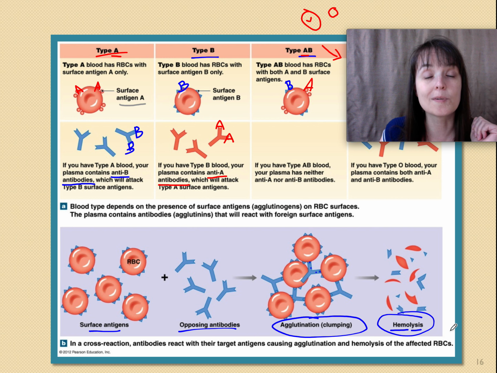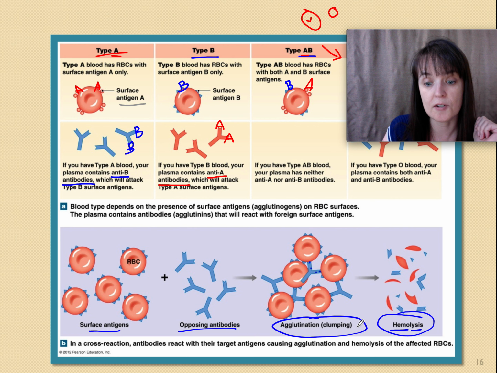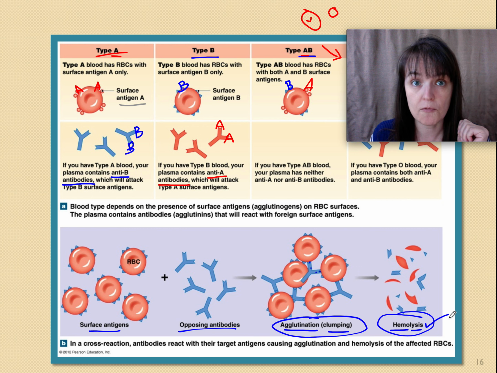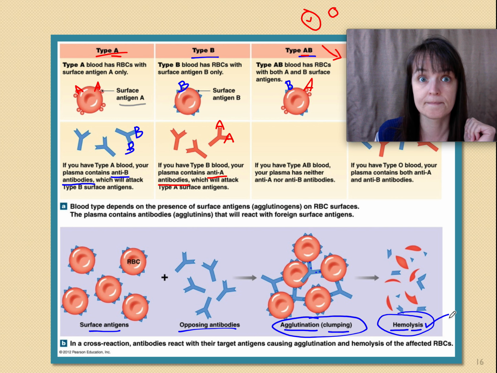This is what we would call a transfusion reaction. You get the agglutination, the clumping, which leads to hemolysis, which is not consistent with life. If you have a transfusion reaction, you have a few minutes.